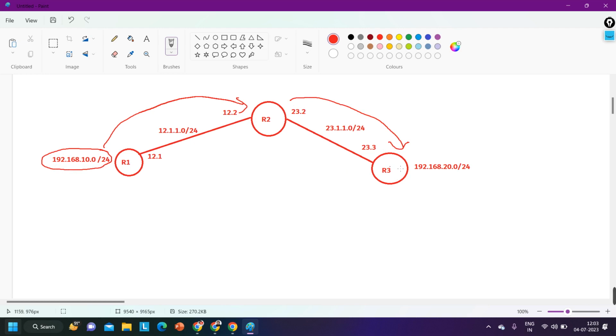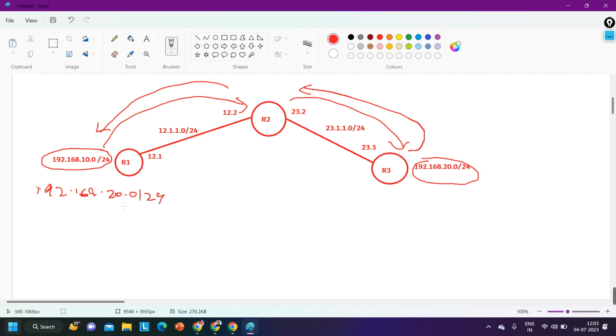In the same way, router 3 will share this network information to its neighbor router 2, and router 2 will share it to its neighbor router 1. And router 1 will learn 192.168.20.0/24. Getting my point, guys?